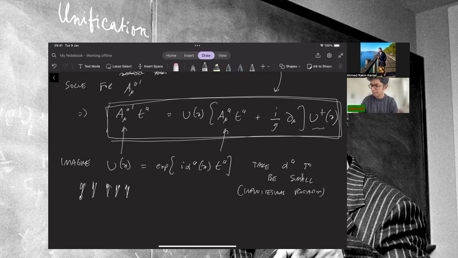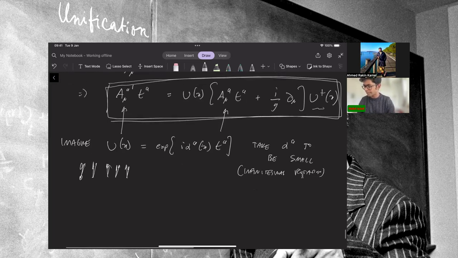Okay. Then what this means is basically you take this and you expand out the exponential. So it's like 1 plus i alpha a of x ta plus blah, blah, blah, where these are terms of order alpha squared. And then you can just drop all of these because alpha is small.